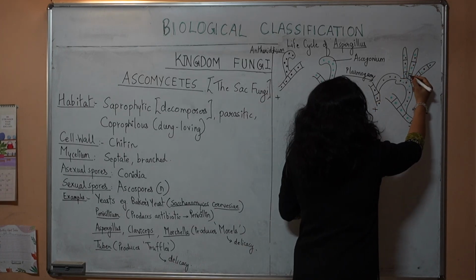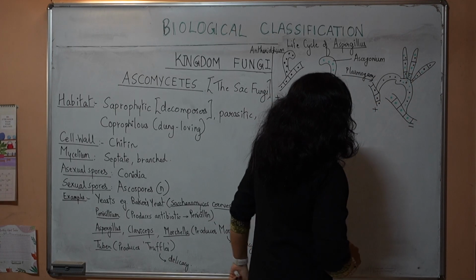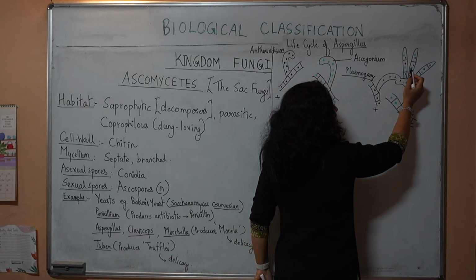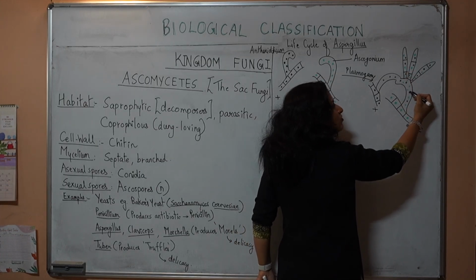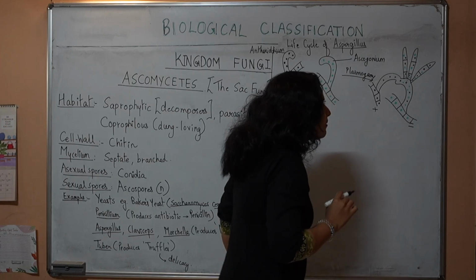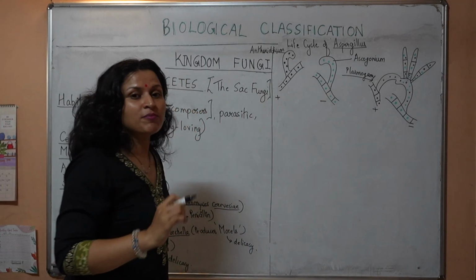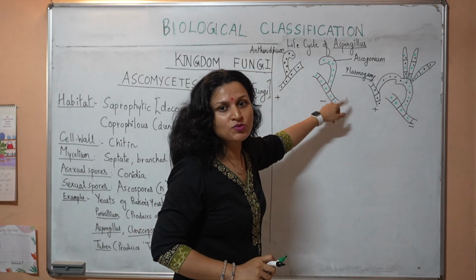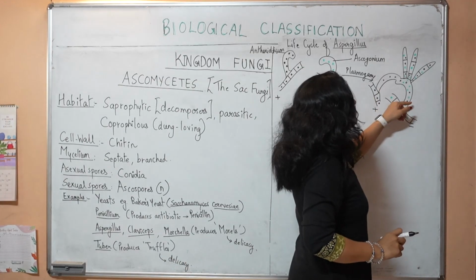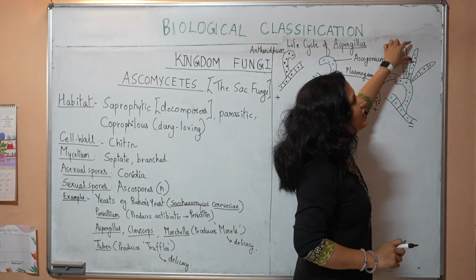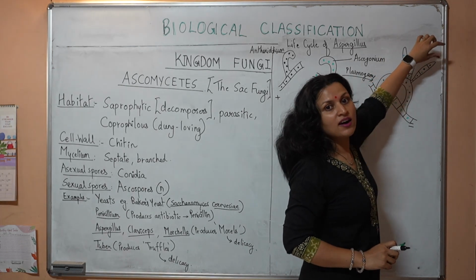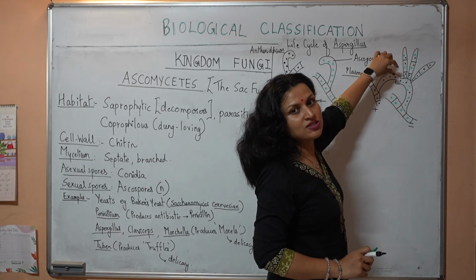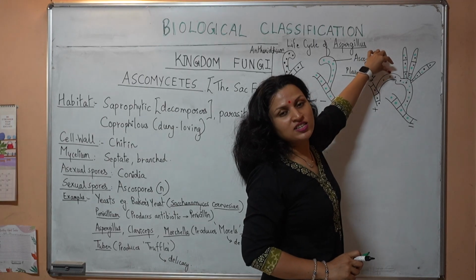If you look carefully, you will see that these hyphae are now bearing both types of nuclei of the parents. They were monokaryotic before the plasmogamy, and after plasmogamy, the new fungal hyphae that are growing have two nuclei in each. These are the dikaryotic hyphae.